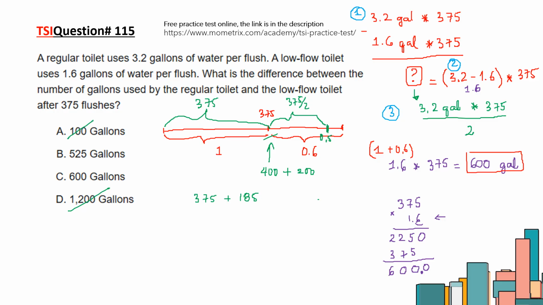So we take about 370 to make it close. 375 plus 190 is about 560.